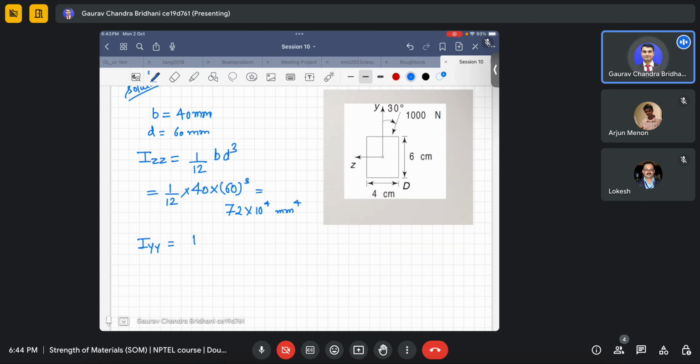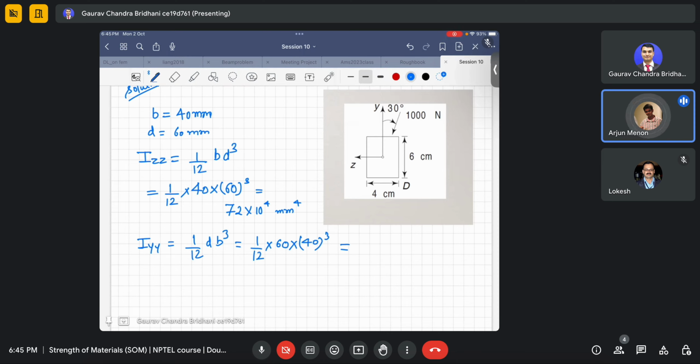IYY will be 1 by 12 D into B cube, so 1 by 12, D is 60, B is 40 cube. Can you tell this? 32 into 10 to the power 4 mm^4.